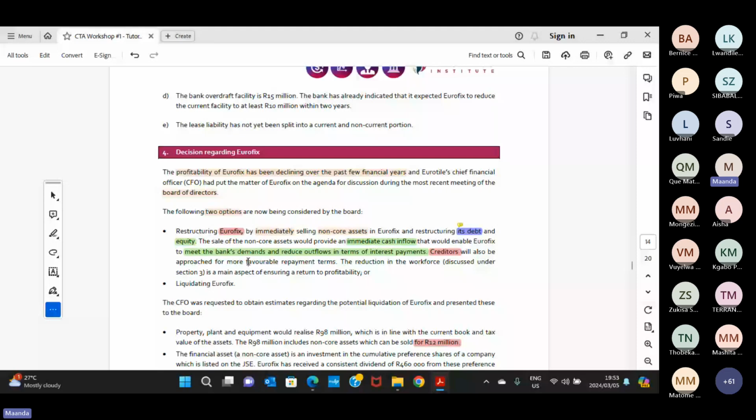Yes. So the first thing is, they told us that this non-core asset can be sold at 12 million, right? And then the board is saying that 12 million is going to address these two things. So the first question will be, if you are saying that you are going to sell this non-core asset at 12 million, you already have a specific price.